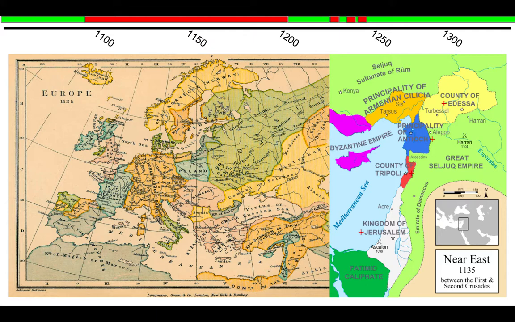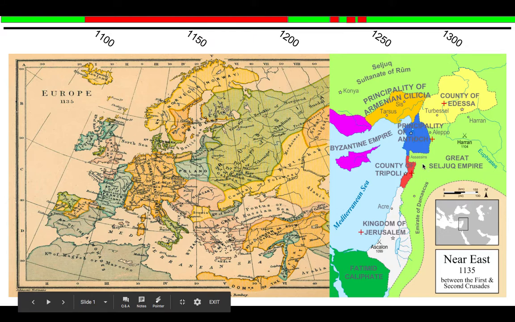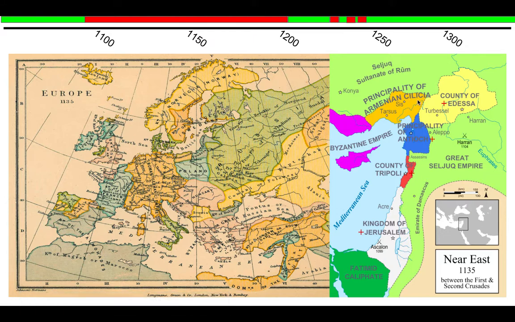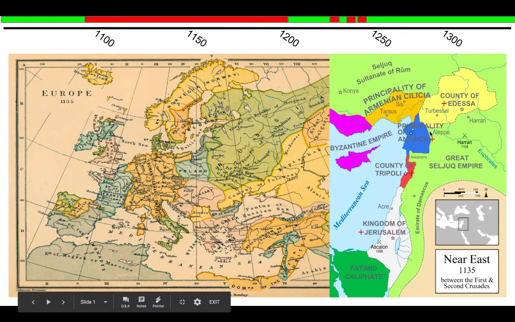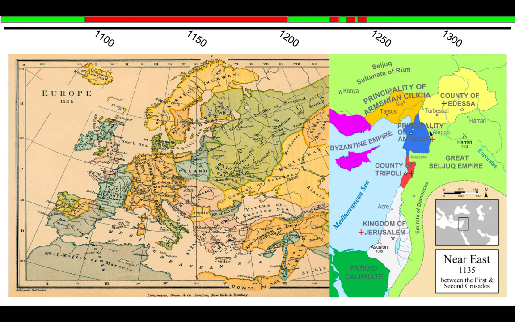So what happened was, instead of giving this land back to the Byzantine Empire, the Western Crusaders just kept it for themselves, and they set up what are called Crusader states or Crusader kingdoms. I find that to be pretty interesting.